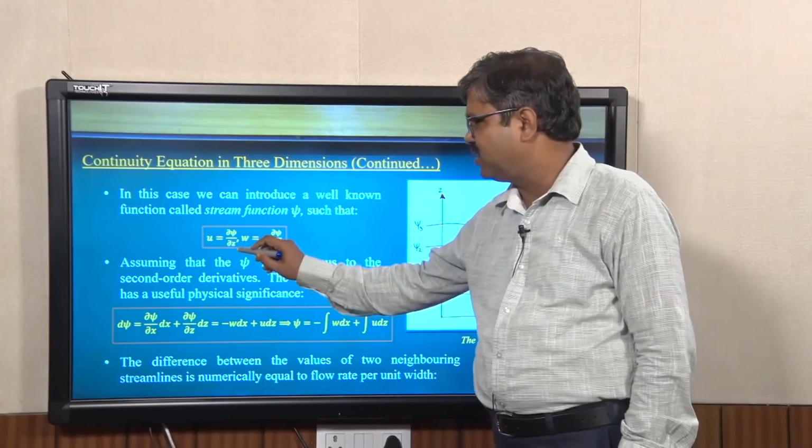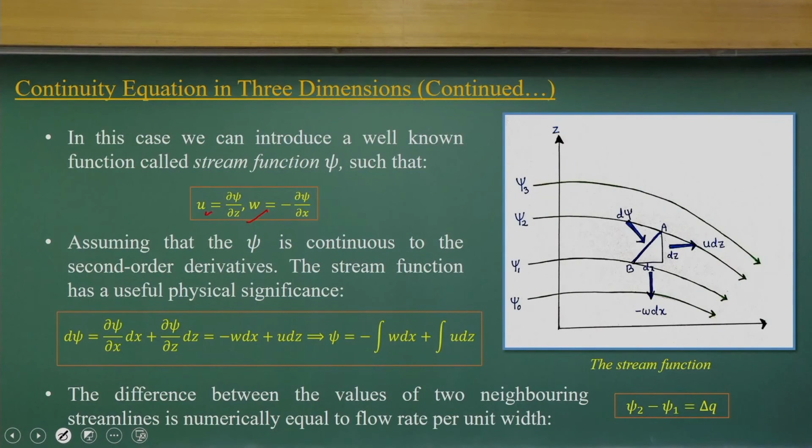As the definition of the streamline, the relationship of the stream function with u and w is given like this. Then you can find the change in the stream function is continuous to the second order derivative.